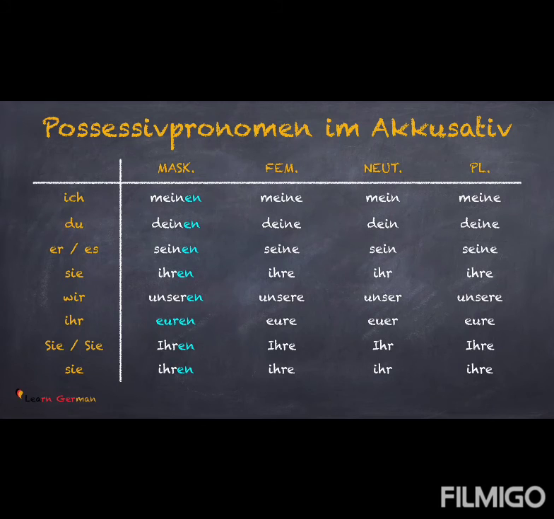Sein changes to seinen. Ihr changes to ihren. Unser changes to unseren. Euer changes to euren. Ihr changes to ihren. And Ihr changes to Ihren. I would advise you to watch our video on possessive pronomen im Akkusativ to understand these better.